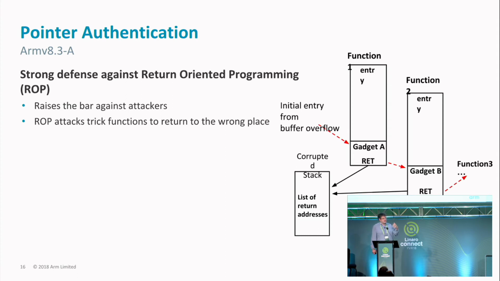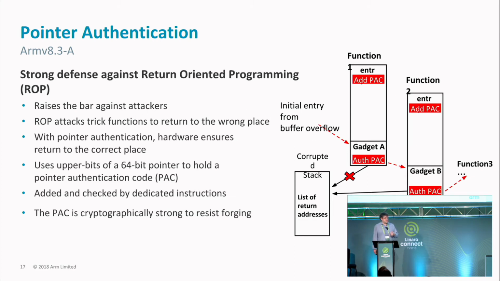Pointer authentication, one of its uses is as a strong defense against ROP attacks, return-oriented programming. ROP works by an attacker gaining access to your code and using gadgets in that code and corrupting your return address so that it can chain bits of code together to do what the attacker wants, not what you originally intended the code to do.